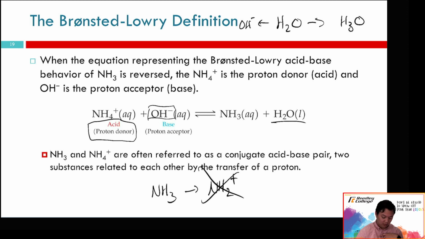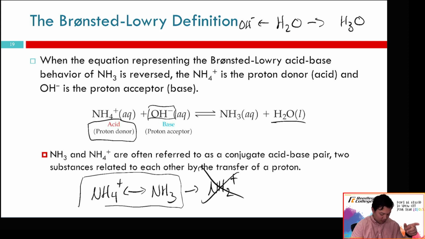This doesn't happen. It can gain one, and so you get two things that can happen, but it depends on which one we have. So then this would be NH4 plus, and NH3.